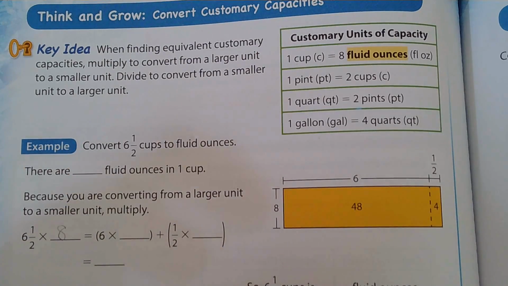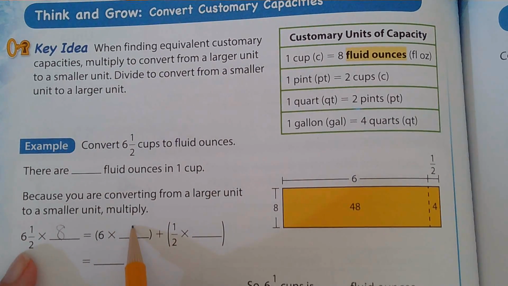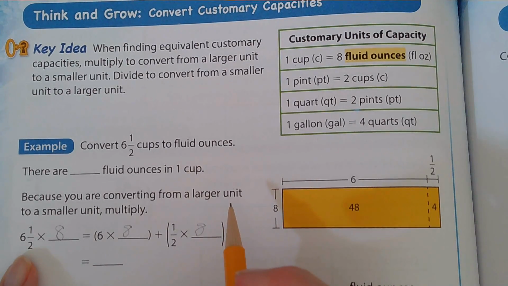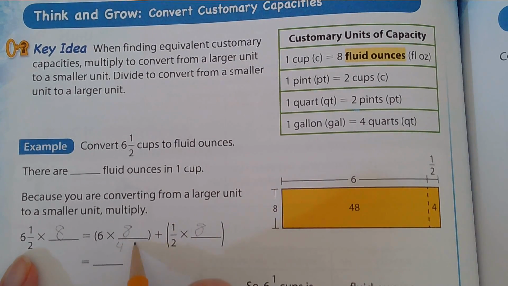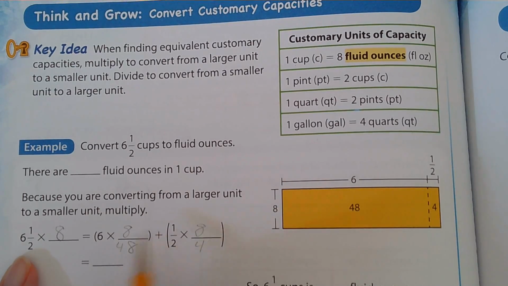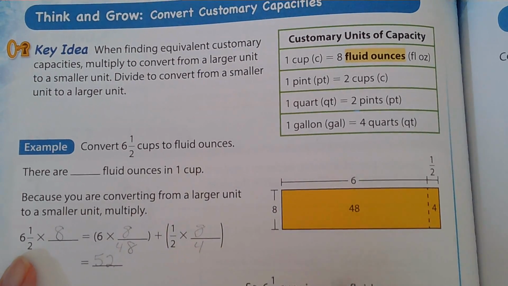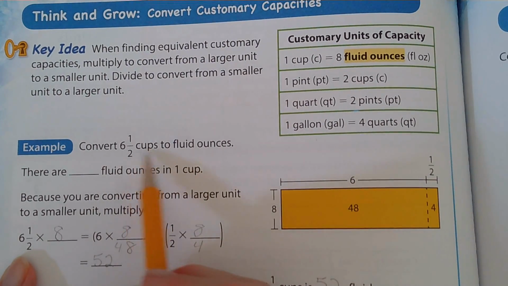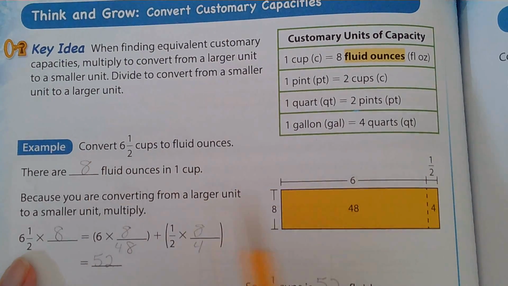And they have divided this out where you can take 6 times 8 and then 1/2 times 8. You get 48 here, and then half of 8 is 4, and 48 plus 4 is 52. Therefore 6.5 cups is 52 ounces. We can also do it, well, let me write the 8 there.